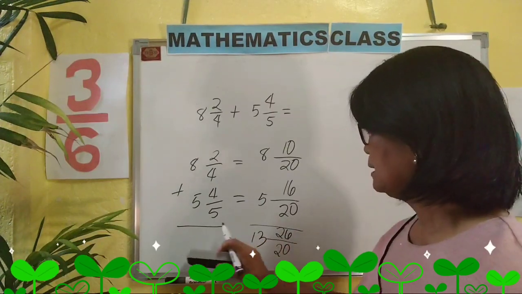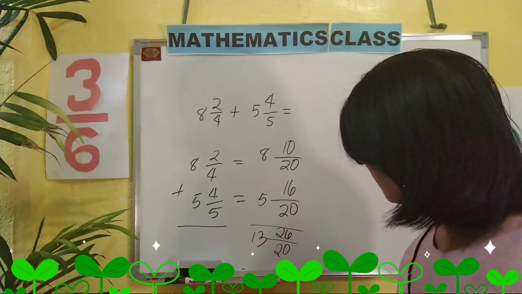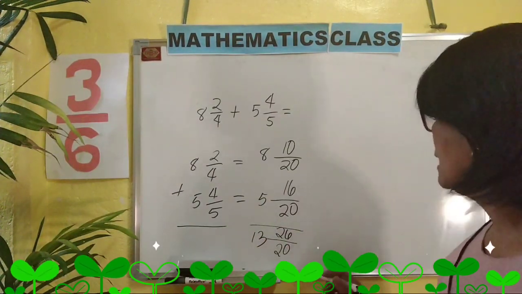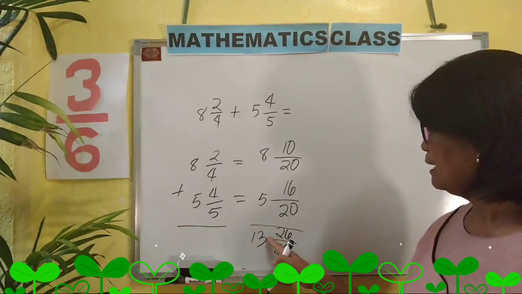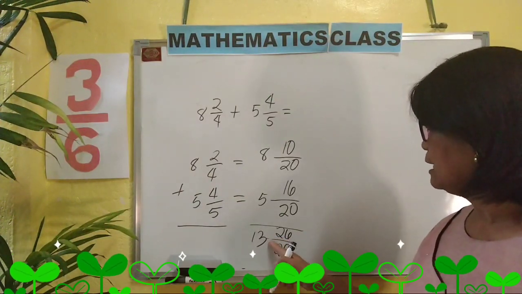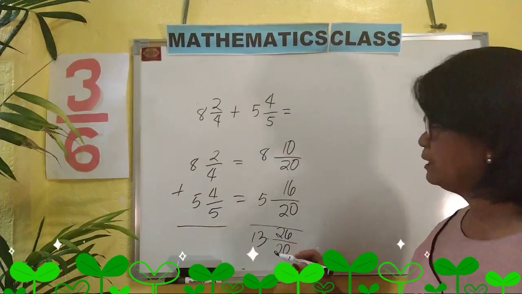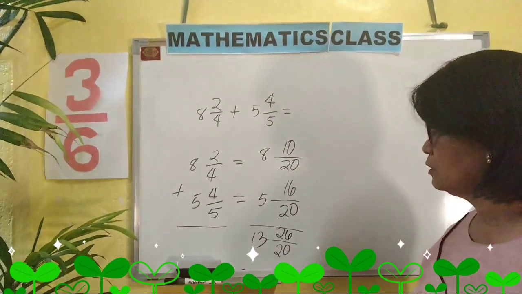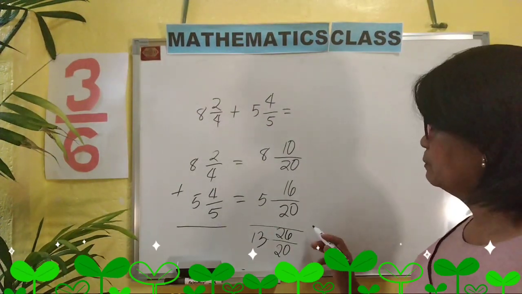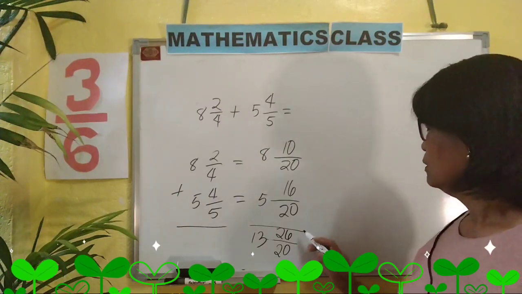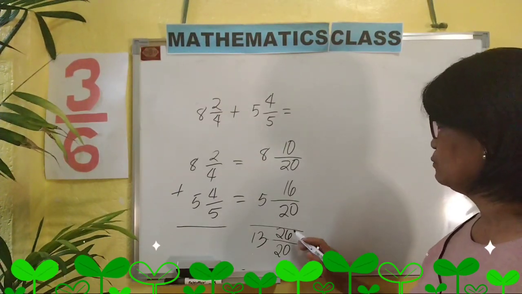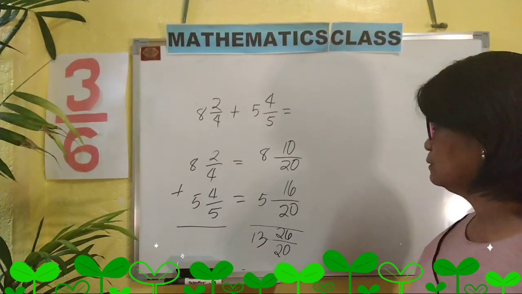Let us see if there is a lowest term. Oh, the fraction in the answer is an improper fraction. 26 over 20 is an improper fraction. So, we need to simplify this into a mixed number. 26 divided by 20 is 1.